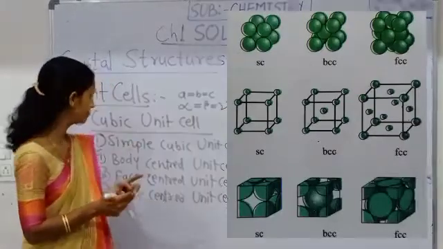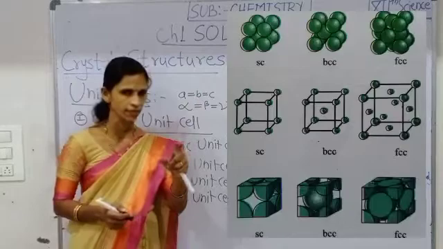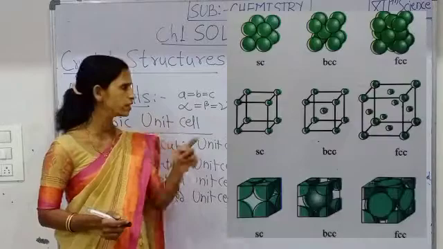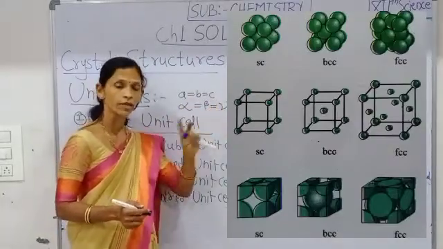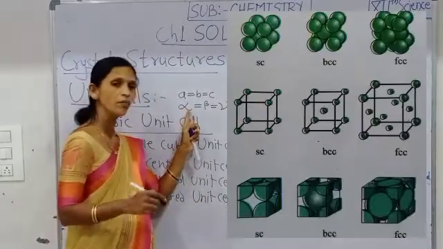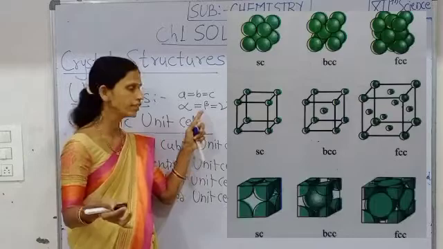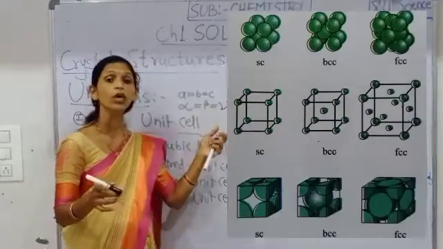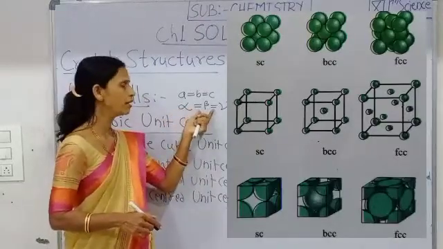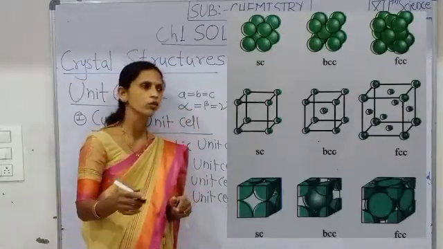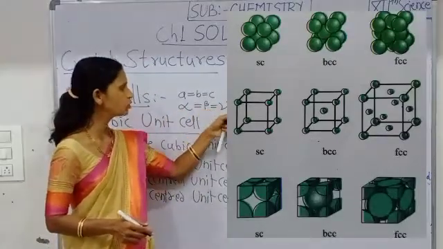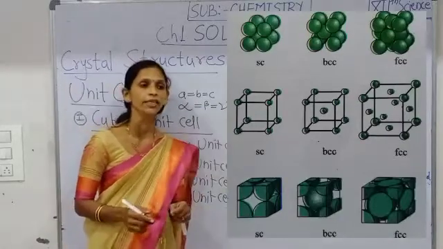That means all 3 edge lengths, that is length, breadth and height, along the X, Y and Z axes are equal, and the angles made by those edges are also equal and are 90 degrees. That means alpha, beta and gamma are all 90 degrees.